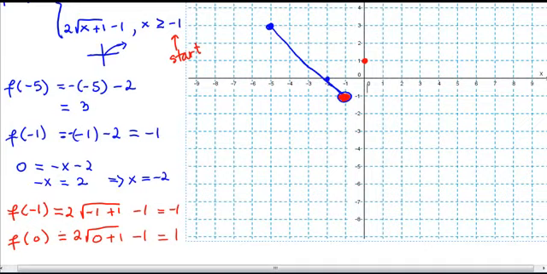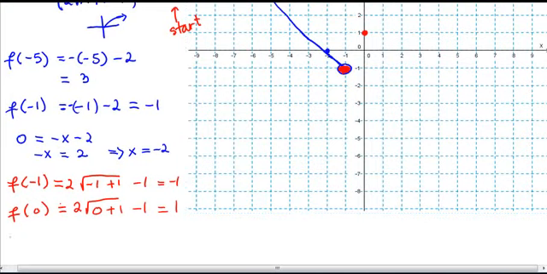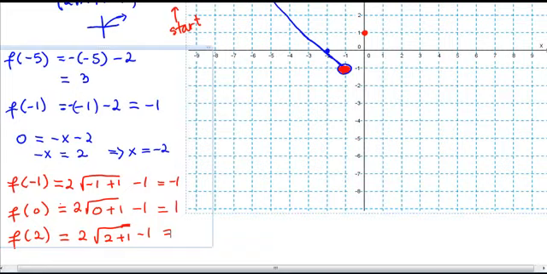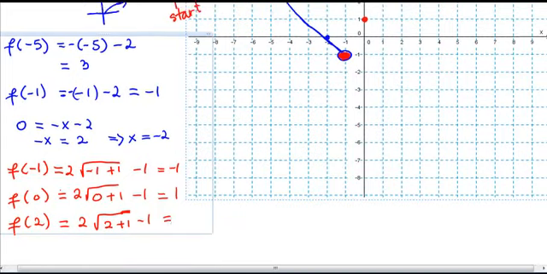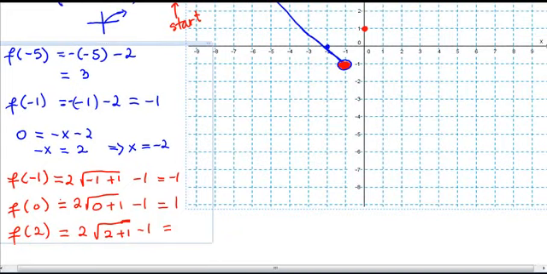Let's pick another point, like let's pick 2. One sec. f of 2, so I have 2 times the square root of 2 plus 1, then the minus 1. Now I have to use a calculator, so let's see. If I use 2, I will have some decimal number.